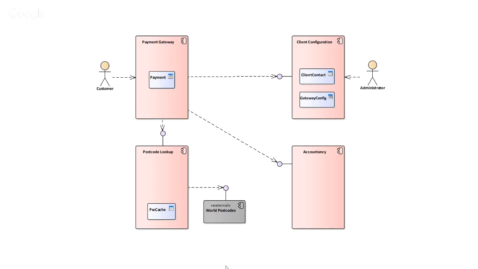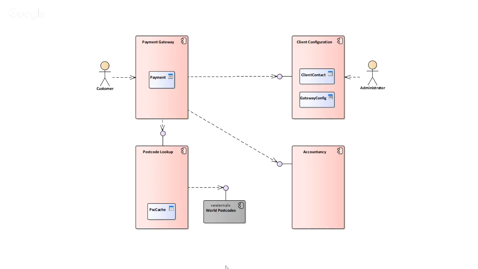When he types the postcode, you offer him, based on some lookup, the city, the autocomplete for this. So that's another sample of a microservice, just for illustration.